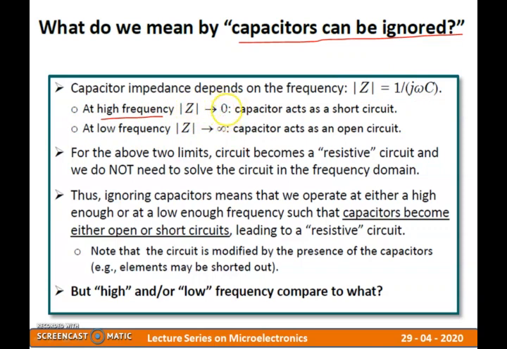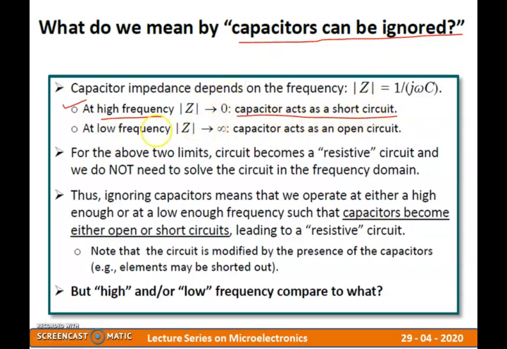If it tends to 0, what does that mean? It means there will be no resistance offered by my capacitor. That means my capacitor is going to behave as a short circuit. So please do remember this particular statement: at high frequency, capacitors act as a short circuit.